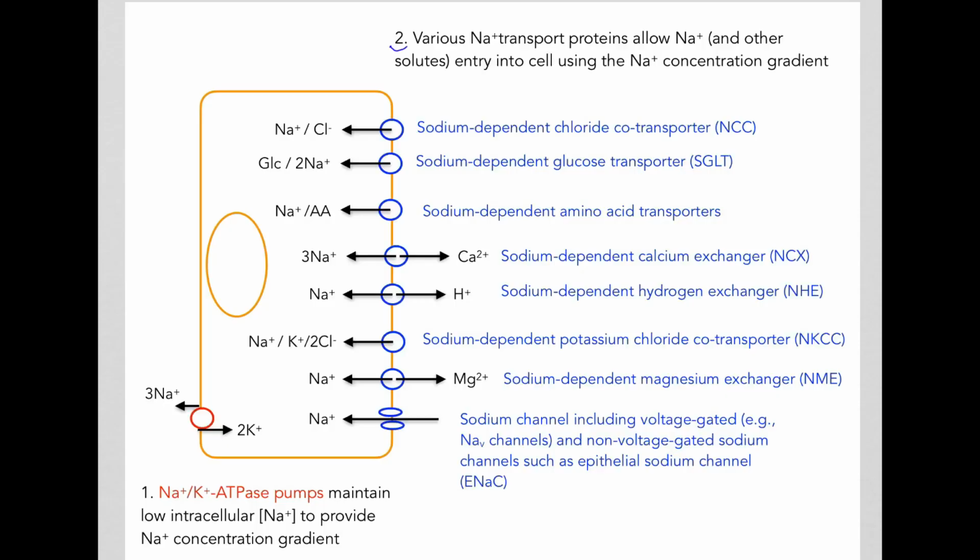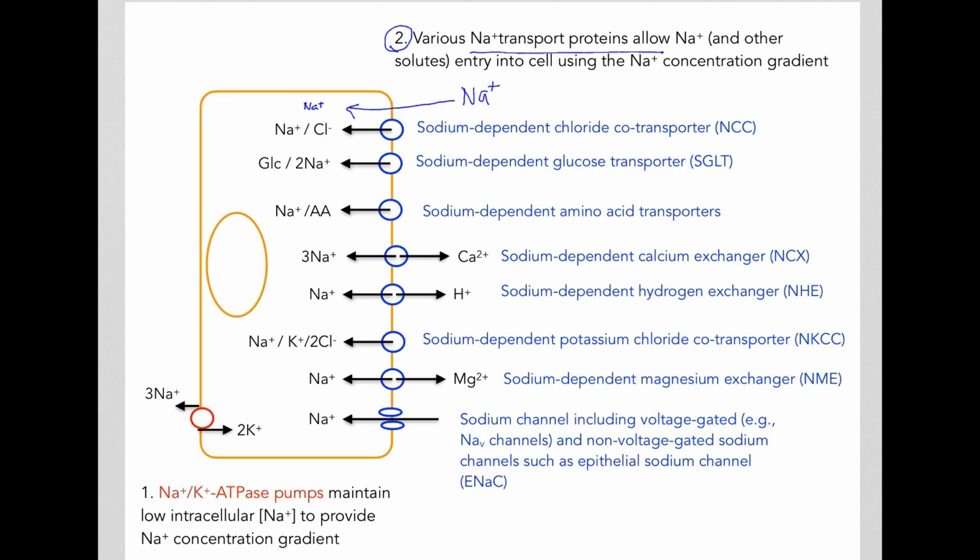Now we have the other sodium transport proteins, and these will allow sodium to enter the cell because of the concentration gradient. Remember, there's high sodium outside the cell and low sodium inside the cell. So without any energy required, these transport proteins will allow sodium to enter the cell.